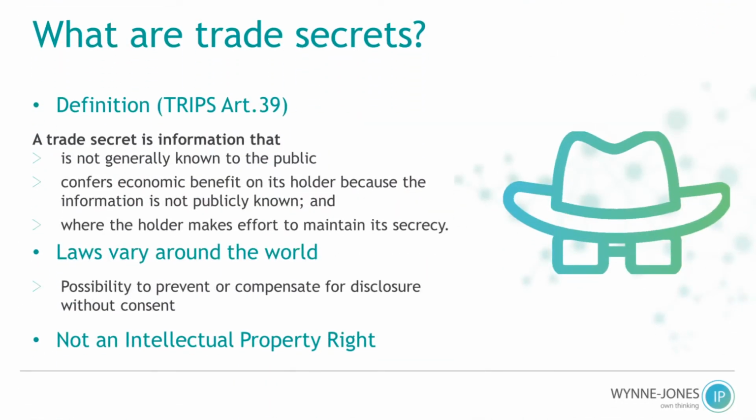So we move on to the first part. What are trade secrets? The definition that we have here is based on TRIPS Article 39. TRIPS is the WTO agreement on trade-related aspects of intellectual property rights.